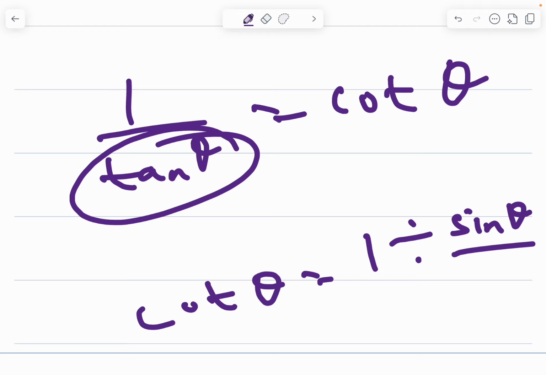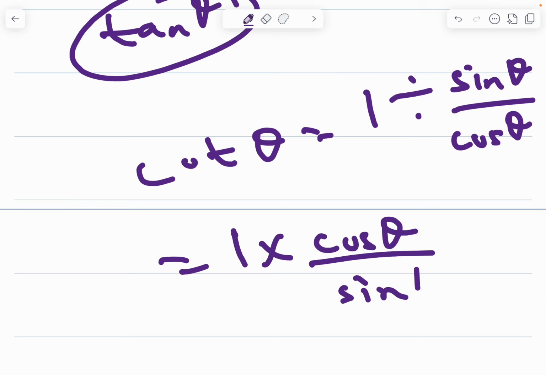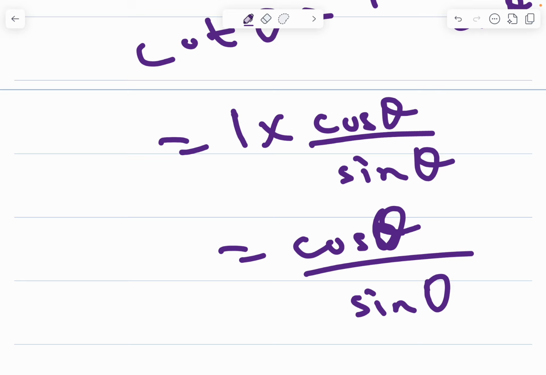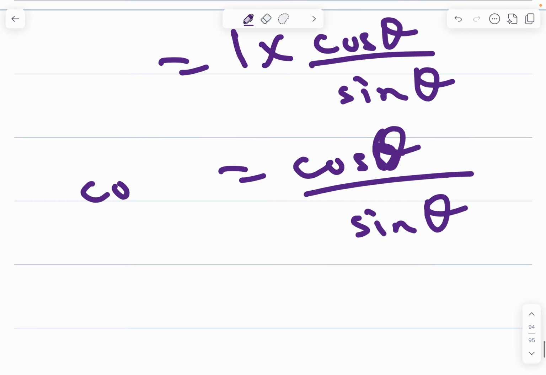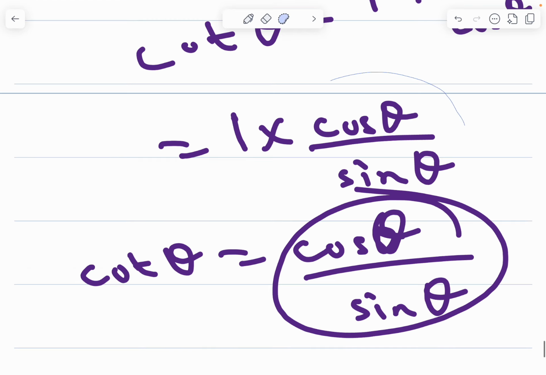So that means 1 divided by sine theta over cos theta, which will now mean 1 times cos theta over sine theta, and that is the same as cos theta all over sine theta.